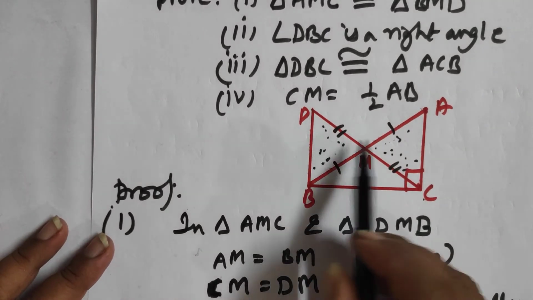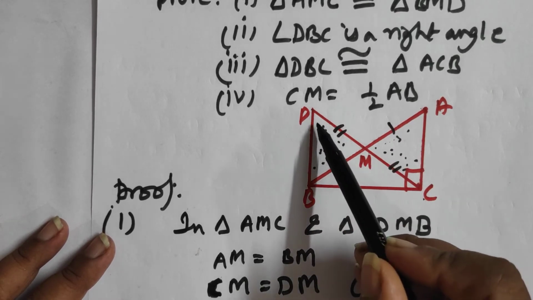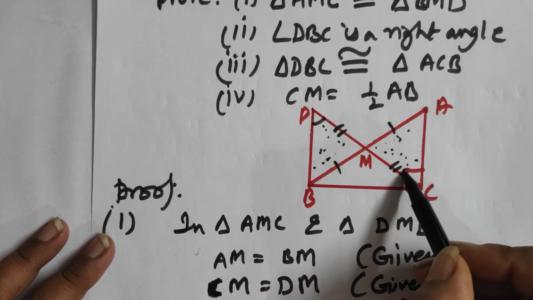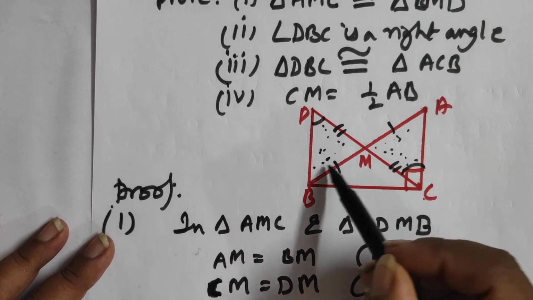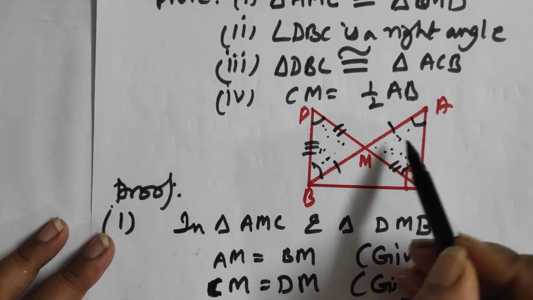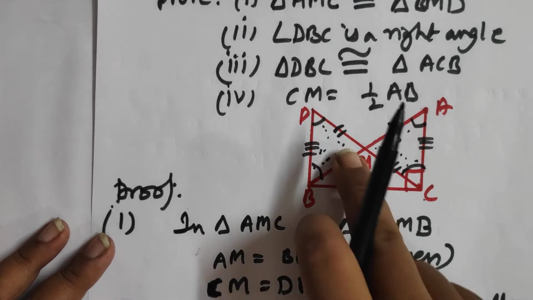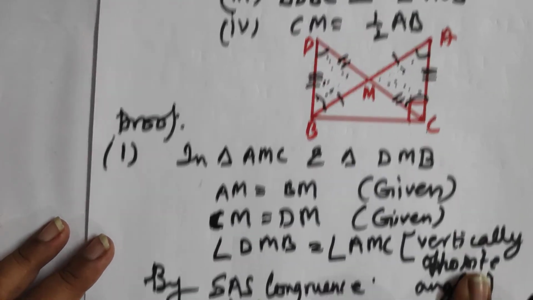As we have already proved that these two triangles are congruent, now what we are getting: this angle is equal to this angle, and this angle is equal to this angle. This side is equal to this side. These are the three things that we are getting after proving that these two triangles are congruent. Let's write this.